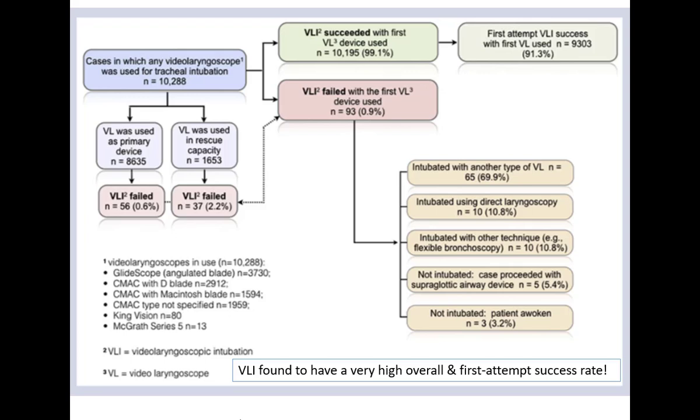The other problem with video laryngoscope is that the angle you are used to with your Mac blade, where you are aligning the axis, is different, because the video laryngoscope looks at the glottis from around the corner. It's not directly looking at it, and therefore when you go back and attempt it in your patients, you will realize that your tube keeps going towards the esophagus and not the tracheal opening.